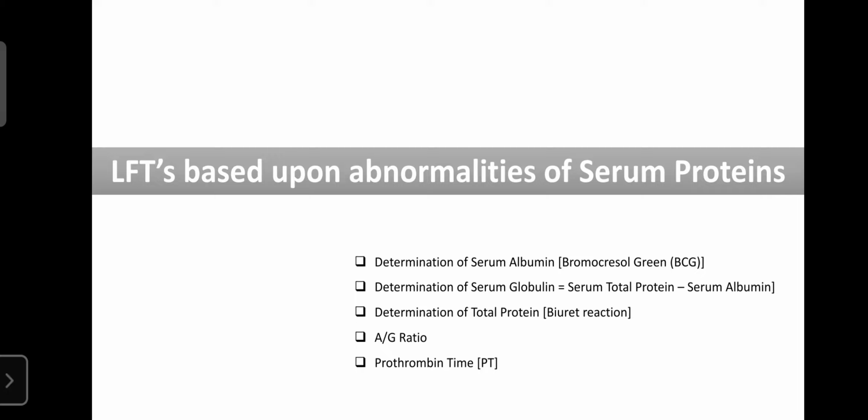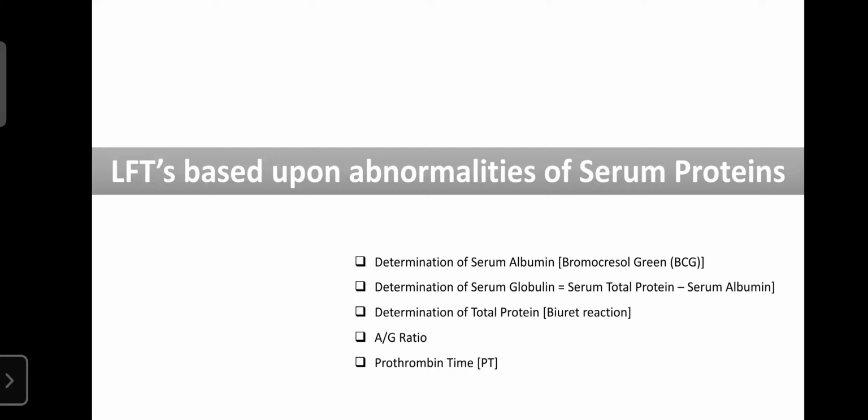Then you can get an idea of how many different defense components are present in our blood. Also, the determination of total protein: the total protein is nothing but the summation, majorly albumin plus globulins. Many other proteins are there, but majorly the total protein is known as albumin plus globulins.